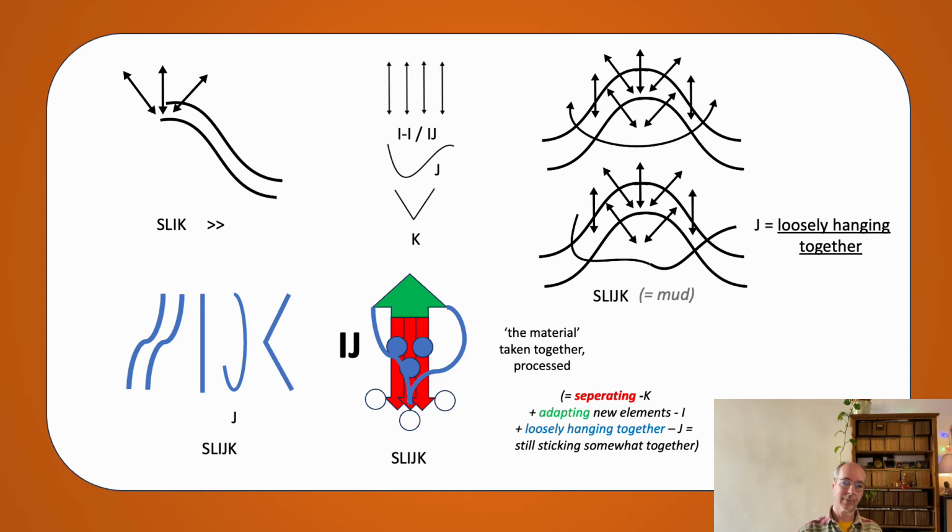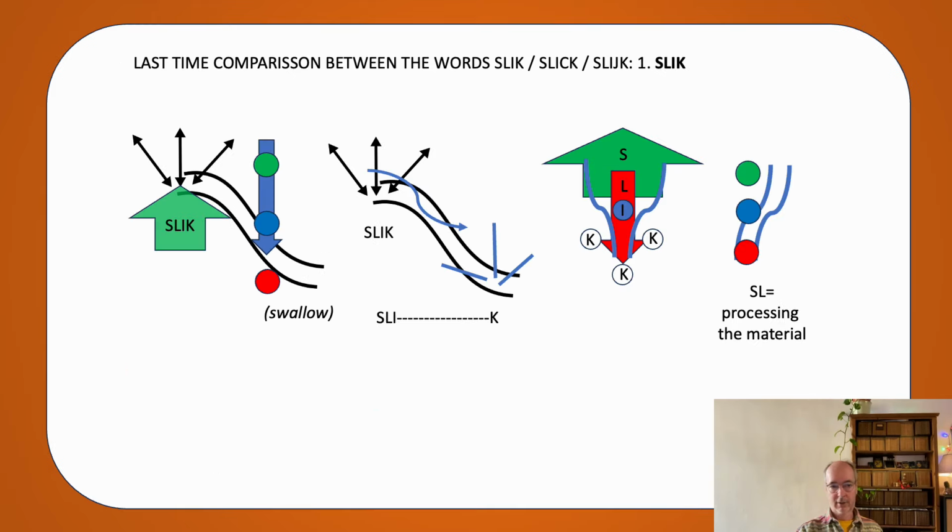Because of this complexity of hanging together insertions and now also breaking apart, it's almost the features of a loosely hanging together material. The G is loosely hanging together, the K is breaking apart. So it is not only hanging together and then breaking apart again, it is like the mud somewhat sticking together but loosely hanging together as well. It's a material. That's how you can understand it.